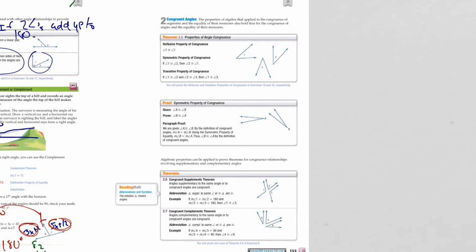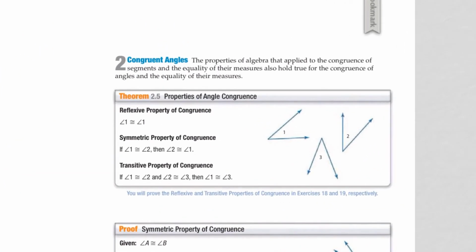So, here's what happens. Now we're talking about properties of congruent angles. Well, remember, like in segments, same thing. Reflexive property of congruence is saying what? It's saying that the angle has to be congruent to itself. Symmetric property is, if angle 1 is congruent to angle 2, I can also say that angle 2 is congruent to angle 1.